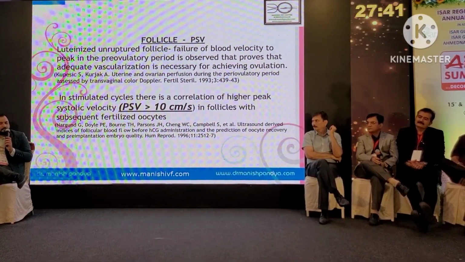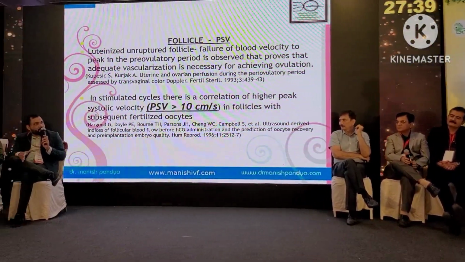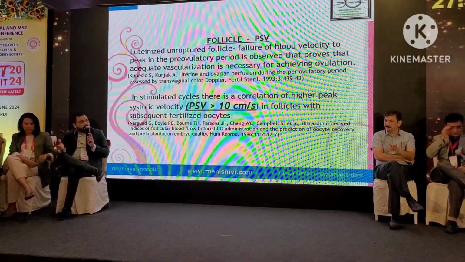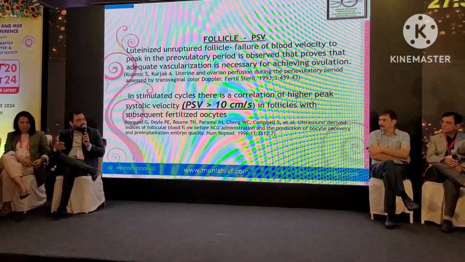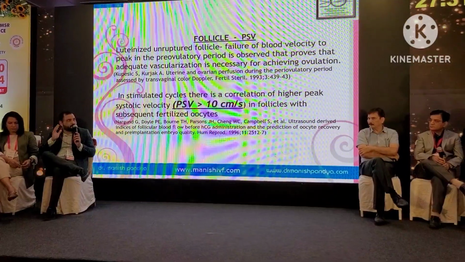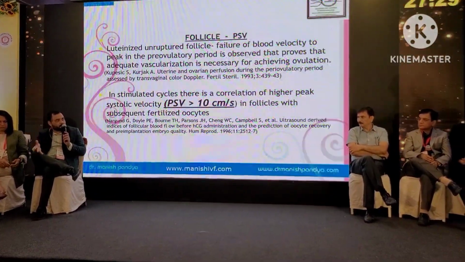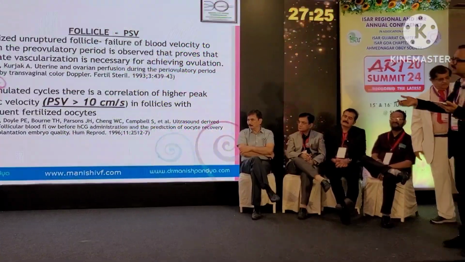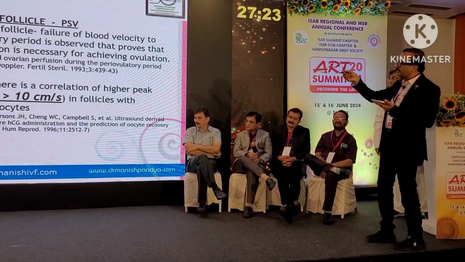We encounter this problem in the case of IUI. We call the patient in the morning, look at the Doppler and find 18-20 PSV. So we are confused whether we have to give the trigger or do a double IUI. Just do it with the HCG and see after 36 hours whether it ruptures or not. Then you are your own judge.